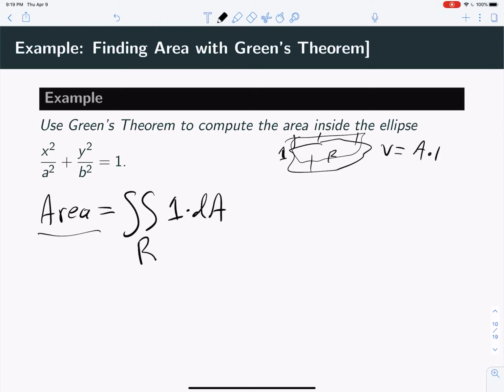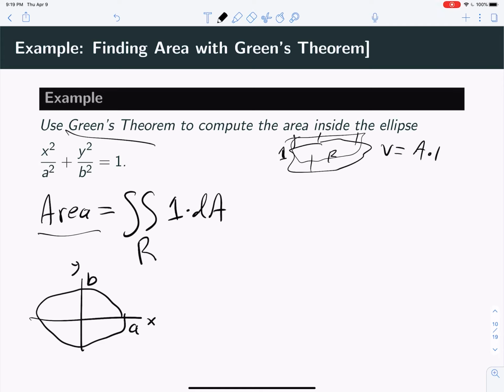Now, how does that help us with Green's theorem, though? So this is kind of a cool problem. So the ellipse given here, that's not a great ellipse, but here would be a and b. So this would be an ellipse with axis radius of a and b here on the x and y axis respectively.